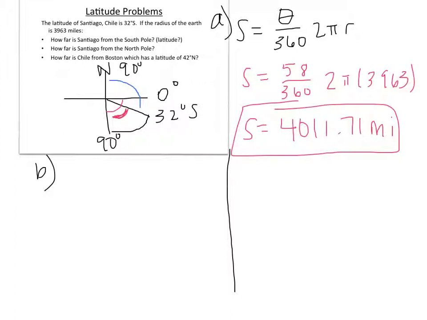So my theta for this problem, I'm going to say S equals, theta again is going to be 32 plus 90. So 122 over 360. And then it's the same thing, 2 pi, and our radius hasn't changed. That is still 3963. So the only difficult part is finding the angle. The rest of it kind of falls into place for you.